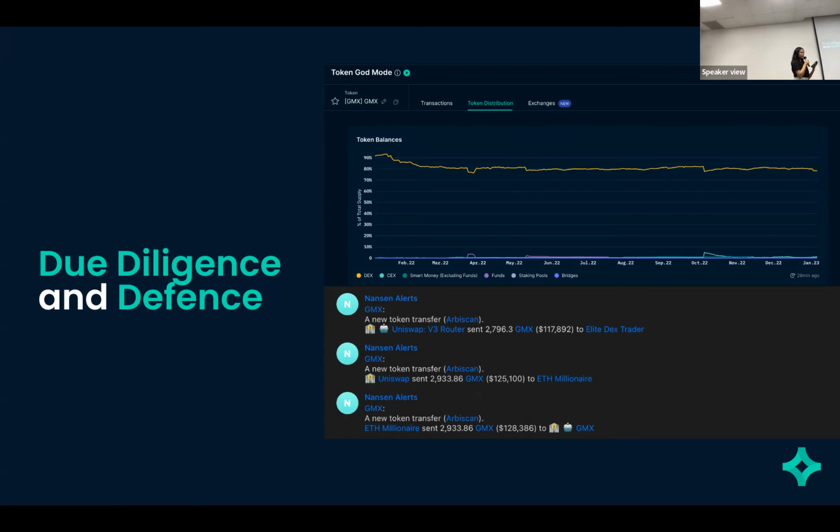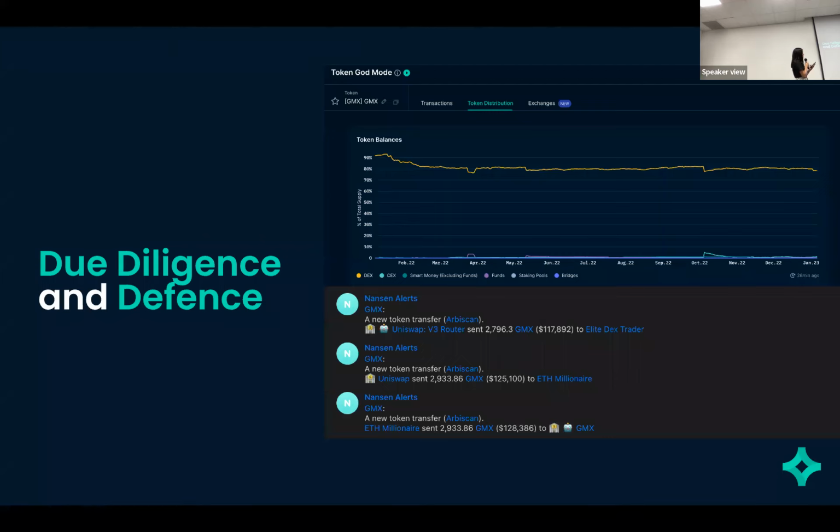Under token God mode, you can see the top holders, token distribution on DEXs or CEXs, the top transactions, how long addresses are holding, and also the number of addresses over time. I think this helps to determine whether the token is a pump and dump, or people are holding it for the long term, which could be what you're looking out for when holding certain investments.